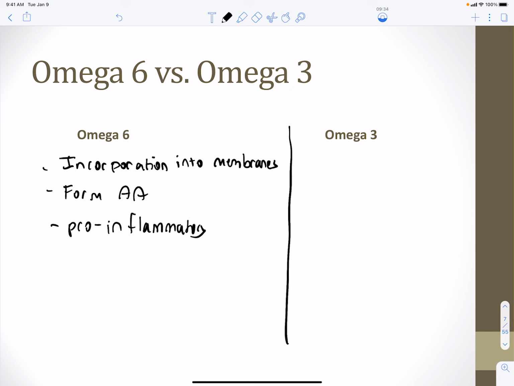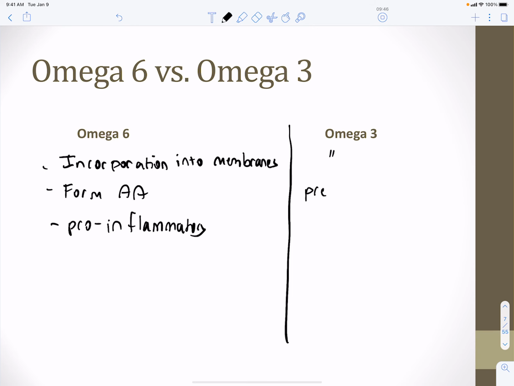Your omega-3 will also incorporate, so that's the same thing, it can incorporate in the membranes. It's going to form precursors for different molecules called resolvins and protectins. So they're going to primarily be anti-inflammatory.